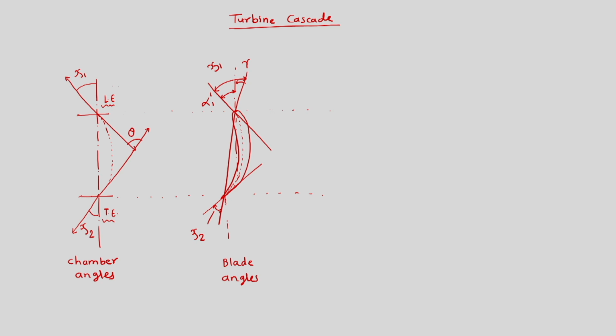Then this vertical line with the tangent we made over here is alpha 2 dash, and then we have this small angle as the stagger angle. So these are the blade angles alpha 1 and alpha 2. Now, we will show the same blade where we will add the velocity vector.